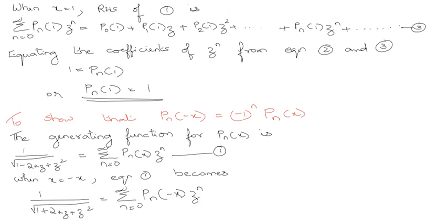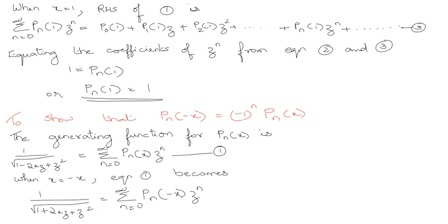And when x is equal to 1, the RHS of the equation will become sigma n equals 0 to infinity Pn(1) into z raised to n, which can be written as P0(1) plus P1(1) into z plus P2(1) into z square plus etc. plus Pn(1) into z raised to n plus etc. So now we can equate the coefficient of z raised to n from equations 2 and 3.